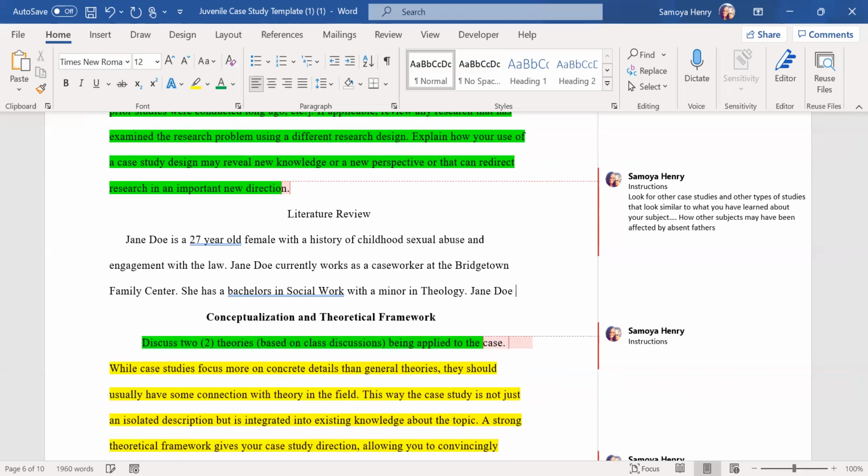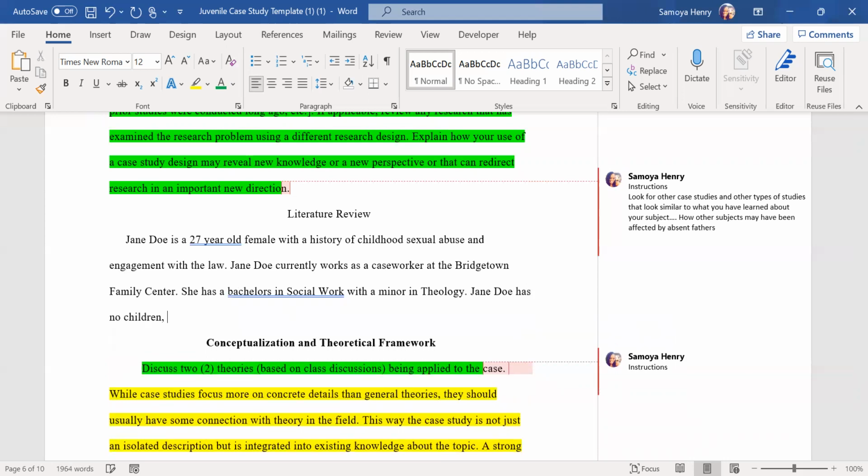Jane Doe has no children and appears to have a series of uncommitted relationships. I am just making this up, providing a little bit of information to the literature review.